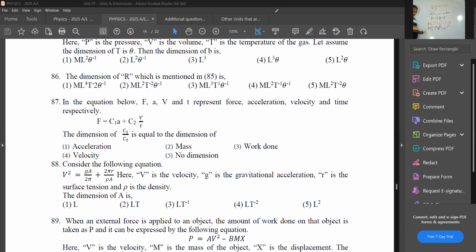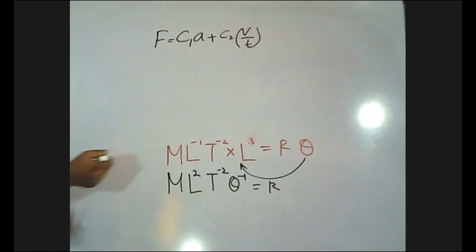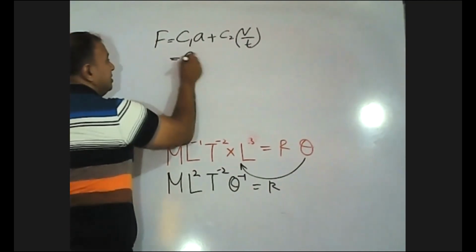Look at this. F equals C1A plus C2 V over T. I can write it this way.